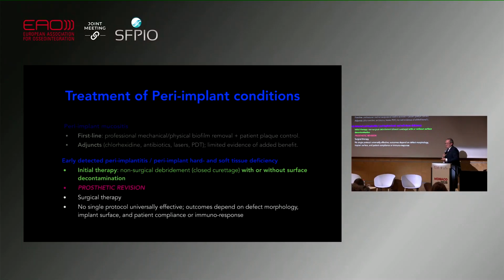So if we detect these cases early and acute conditions can be found, then it's very likely that we can be much more effective. And I want to emphasize the importance of the so-called closed curettage. And the prosthetic revision could be the next step.